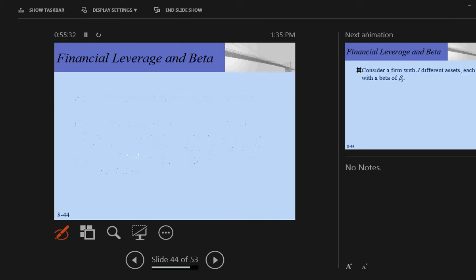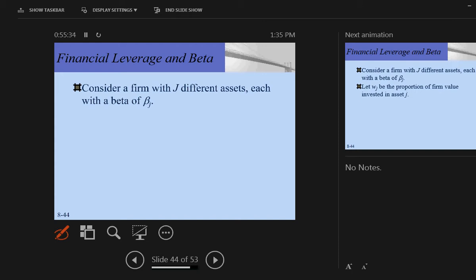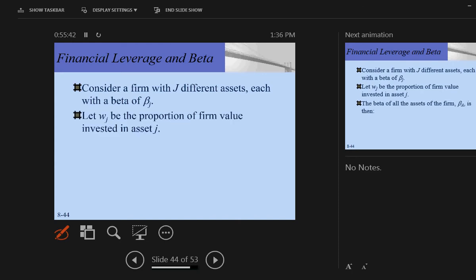Okay, so let's consider a firm with J different assets. So J different projects, each of these projects has its own beta. And then the whole company could be thought of as a weighted average of all these assets, right? Depending on what proportion of the company each of these investment opportunities makes up.